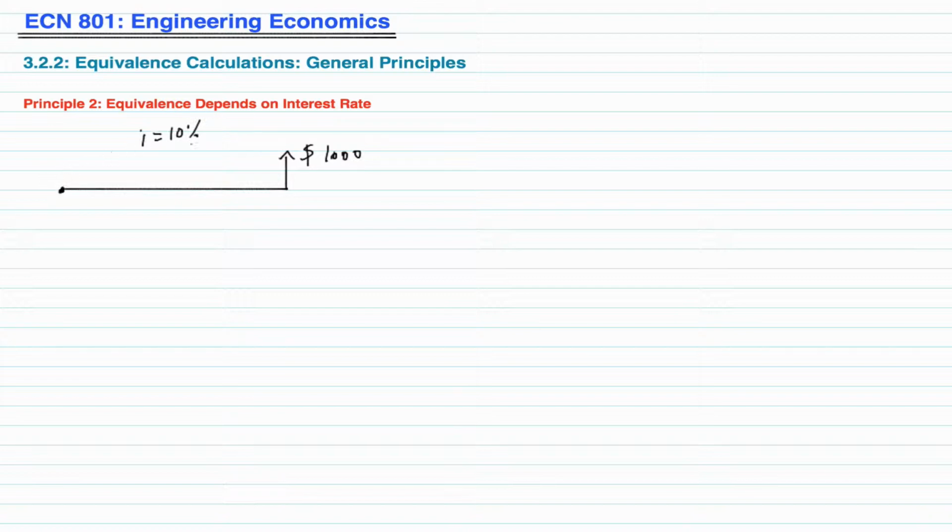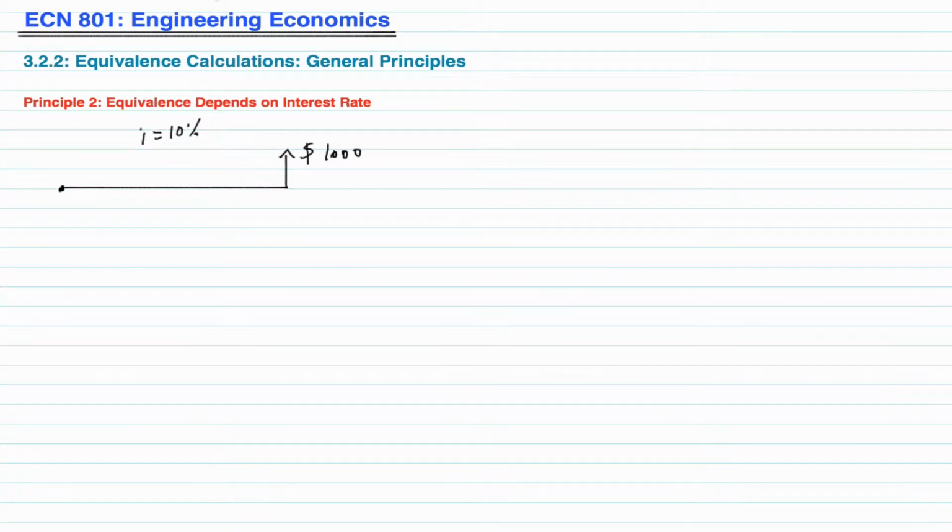Now, if this interest rate changes to something like 8%, it's worth 9,009.09 present worth. Now, these two values are economically equivalent because of this 10%.